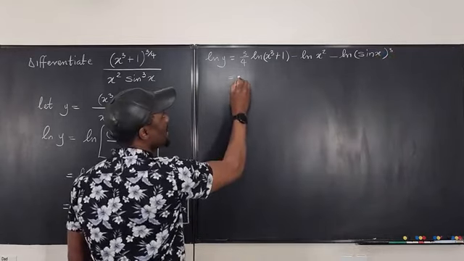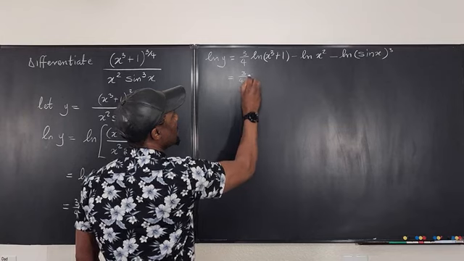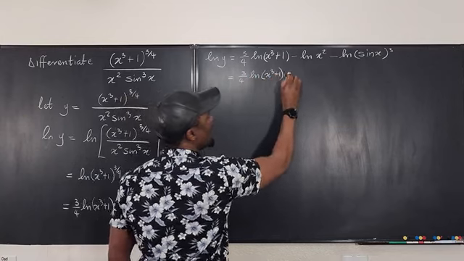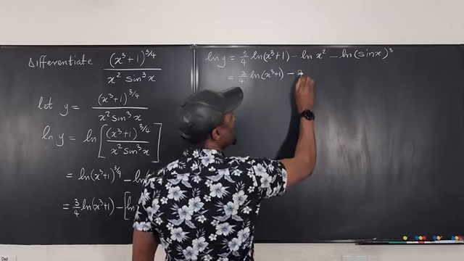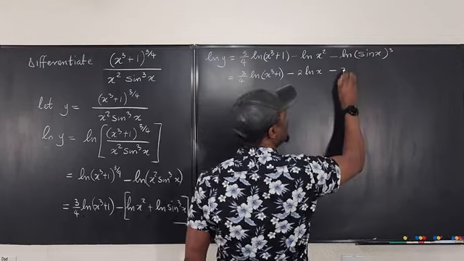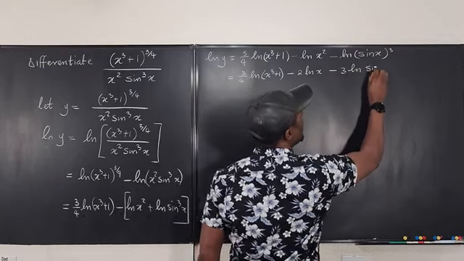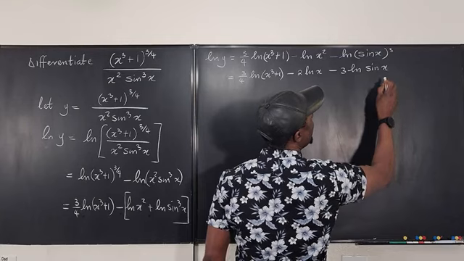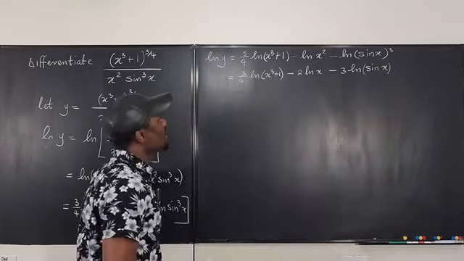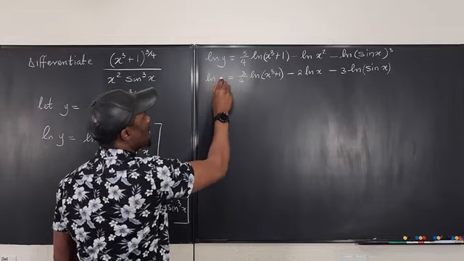So let's keep going. This is 3/4 ln of x cubed plus 1 minus, this power comes down here, 2 ln of x minus, this 3 comes down, 3 ln of sine x. And that's it. And that's ln of y.